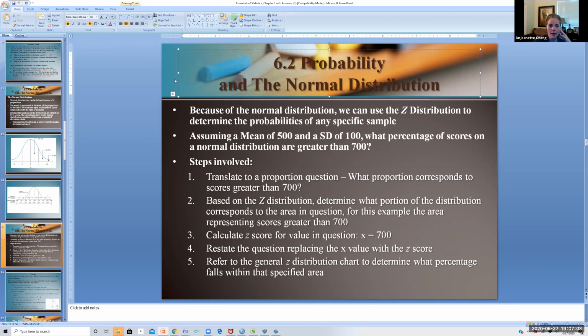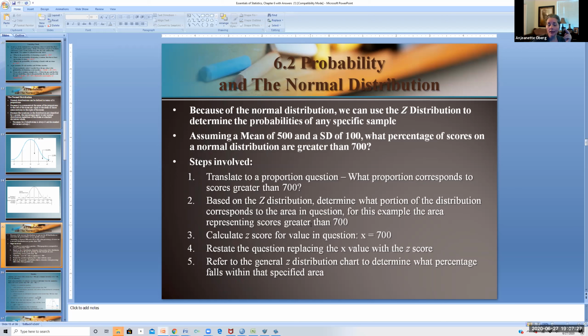This particular question is asking us what percentage of scores on a normal distribution are greater than 700. So it's basically asking us, if we calculate the z-score that corresponds to 700, that's going to be 2, right? So the first thing we have to do is conceptually figure out what it's asking us.